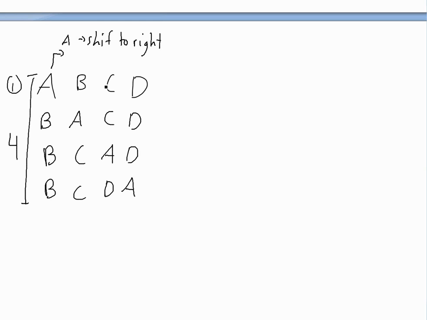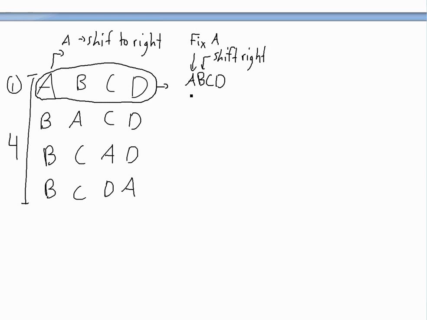Now if we look at each separate one, let's just look at this one right here. If we break this apart and see how many ways this can be sorted, we'll write A, B, C, D. Here we'll fix A, so we make it stationary, and now we do the same thing as before, but with B. We shift to the right, so we get A, C, B, D, and now here we'll get A, C, D, B. So it's just a diagonal of B's across like that, and this one has 3.